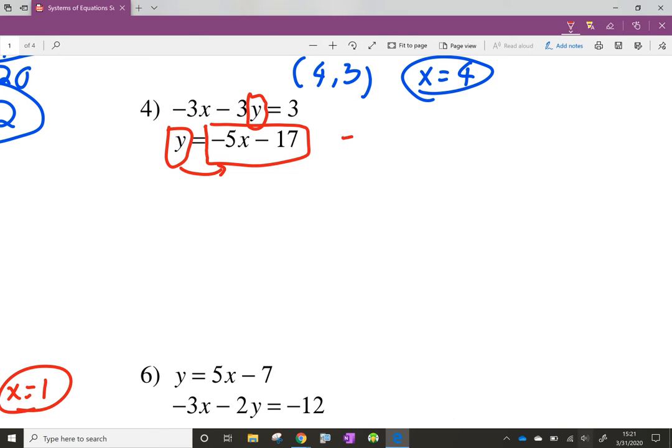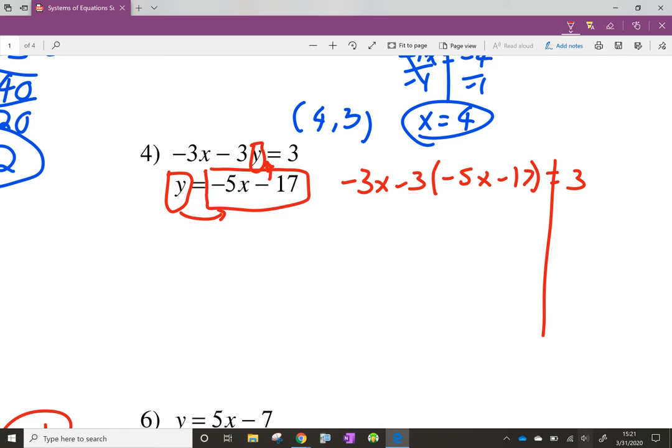We're going to have the top equation look like negative 3x minus 3. Now, where the y was, we're going to plug in negative 5x minus 17. Don't forget equals 3 at the end of that equation. So I've plugged this in for y. And now it's just, again, a matter of solving. So just as all the other problems have, we have to distribute into these parentheses first.